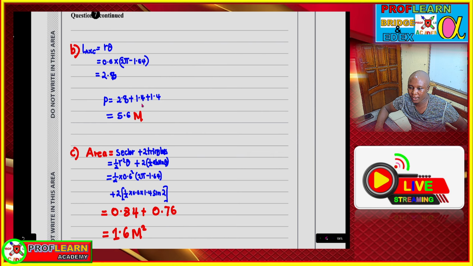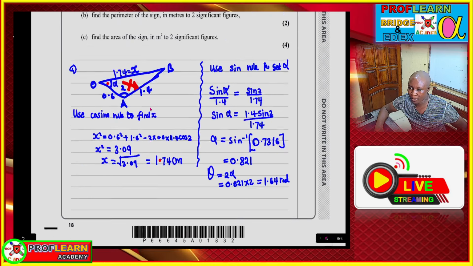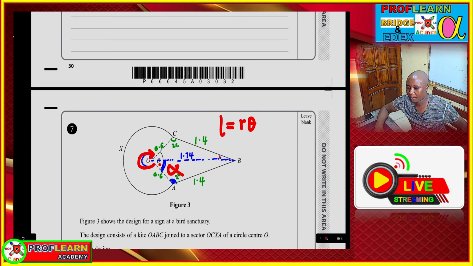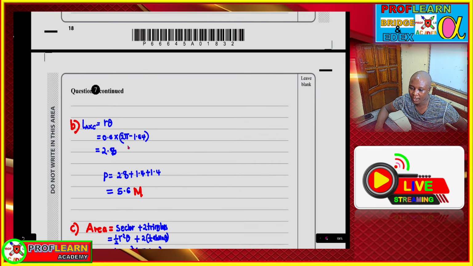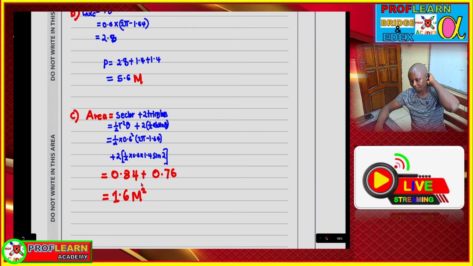With 2.8, now we can find the perimeter of the entire thing, so it will be 2.8 plus 1.4 plus 1.4, and that translates to the famous 5.6 meters.